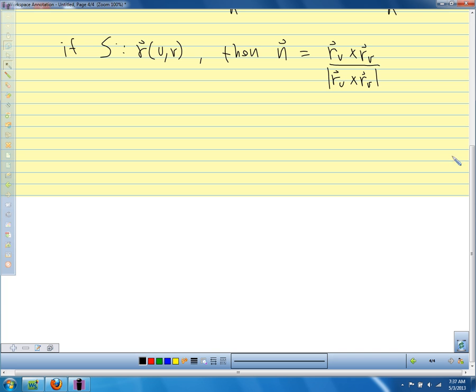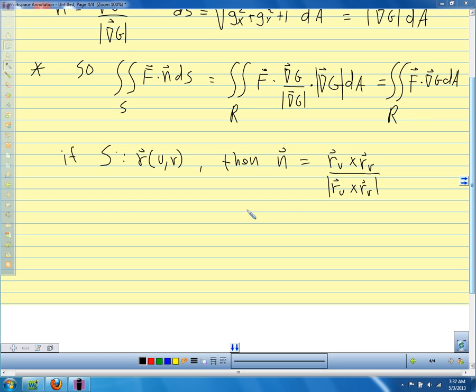And ds, in this case, we talked about this before. Our little increment of surface area is the magnitude of r sub u cross r sub v dA.